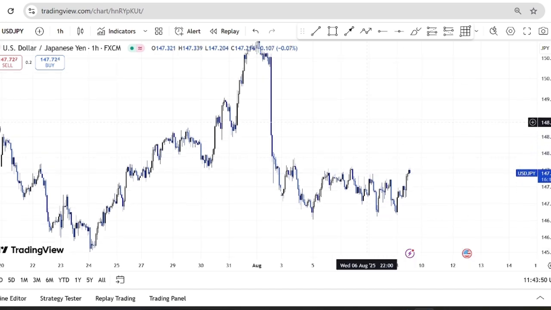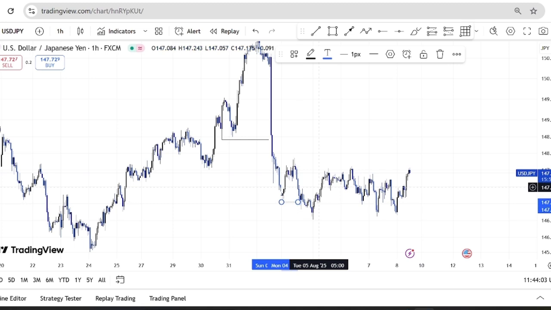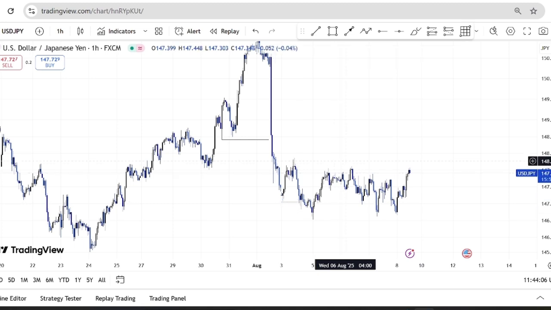This was my change of character, and then here was my break of structure to the downside, confirming that the market is bearish, and that's what we want to see. But after this break of structure to the downside, you still see we had another sweep to the downside again.